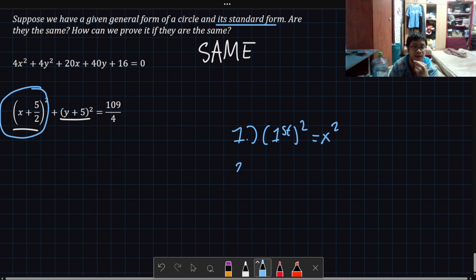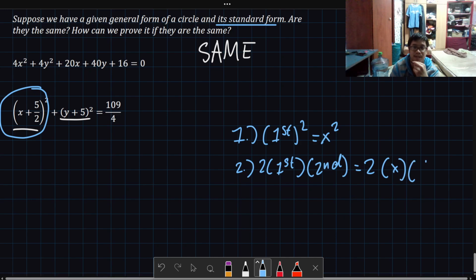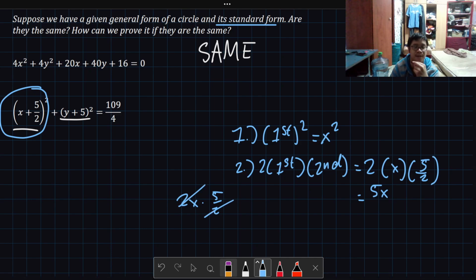Second step, 2 times the first term times the second term: 2 times x times 5/2. 2x times 5/2, the 2's cancel, so what's left is 5x.